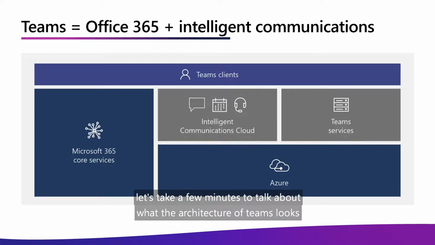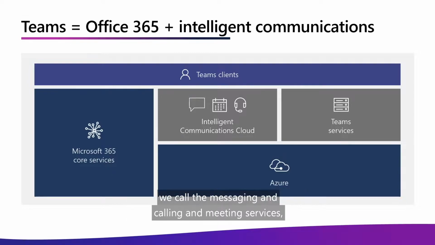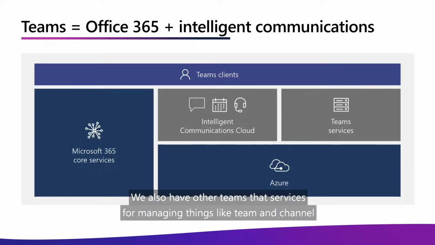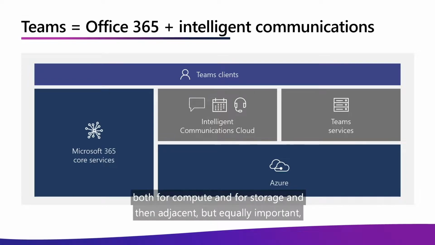First, let's take a few minutes to talk about what the architecture of Teams looks like. The Teams clients connect to a number of different cloud services. Within Teams, we call the messaging and calling and meeting services our intelligent communications cloud. We also have other Teams services for managing things like team and channel structure and user settings. These services sit on top of Azure, both for compute and for storage.